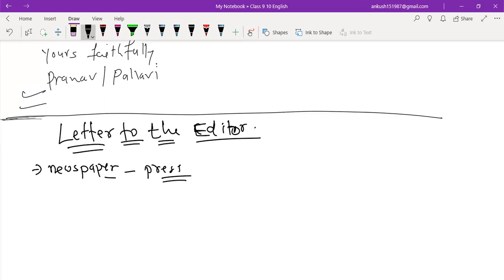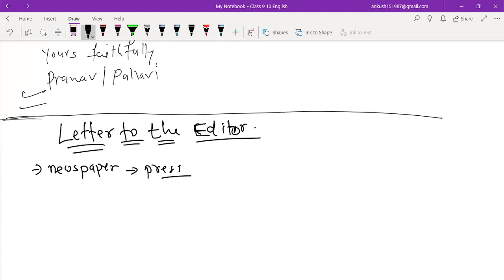Sometimes you may write the letter to the editor to publish your articles. If you only make complaints, that is not the way to write; sometimes we write the letter for some good causes as well. Understood?